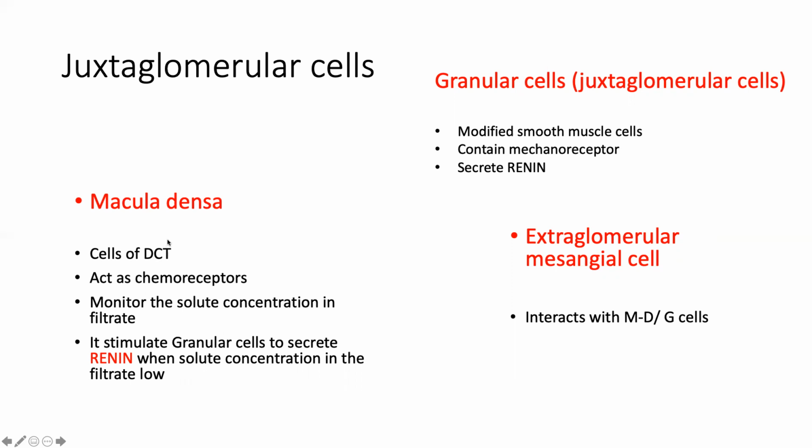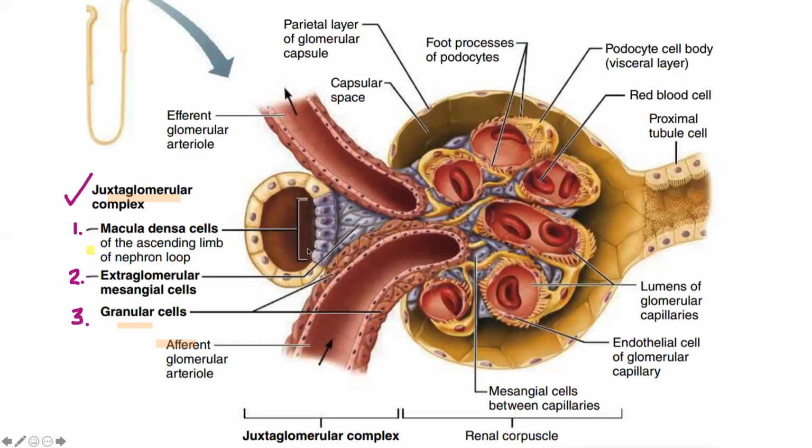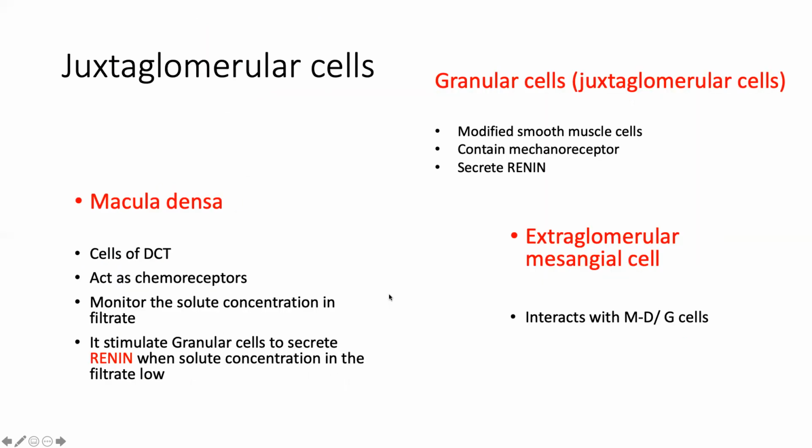So this macula densa does not secrete renin; they detect the concentration of electrolytes in the tubule, and depending on the concentration, they will ask the granular cell to produce renin. So granular cells will produce renin. It is under the influence of macula densa. It also contains the mechanoreceptors. Extraglomerular mesangial cells interact with the macula densa and granular cells.